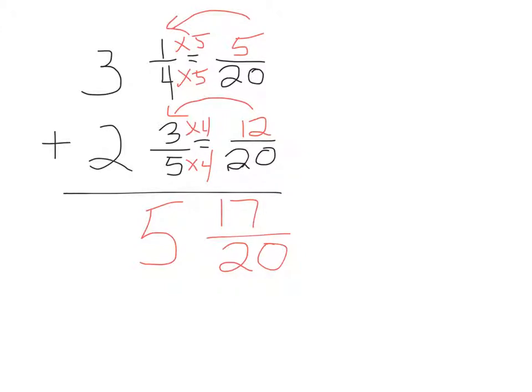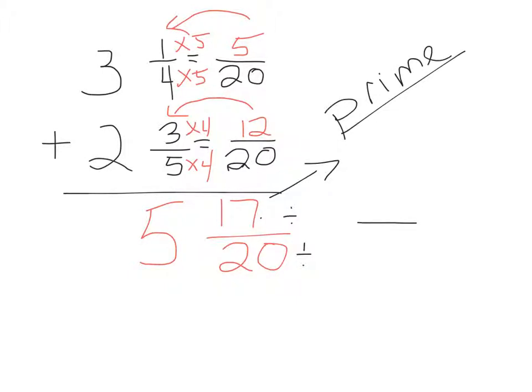We also now need to look at our numerator and our denominator to see if there's a way to reduce this. Is there a divisor that we could use that would reduce this to smaller numbers? It has to be a number that can go into both 17 and 20. And 17 is a special kind of number that we call a prime number. Prime means that there are only two numbers that go into 17, 1 and itself. In other words, there's only two numbers you can multiply together to get 17.